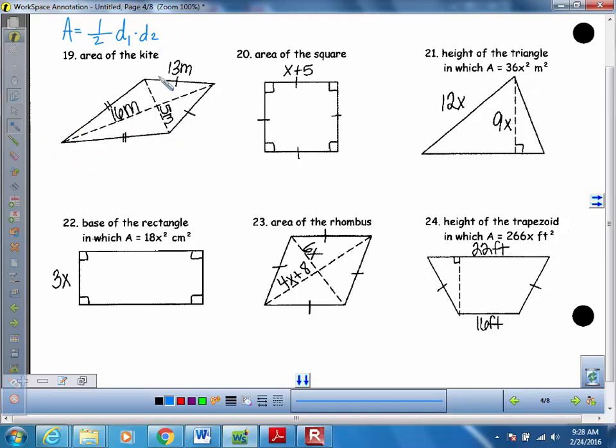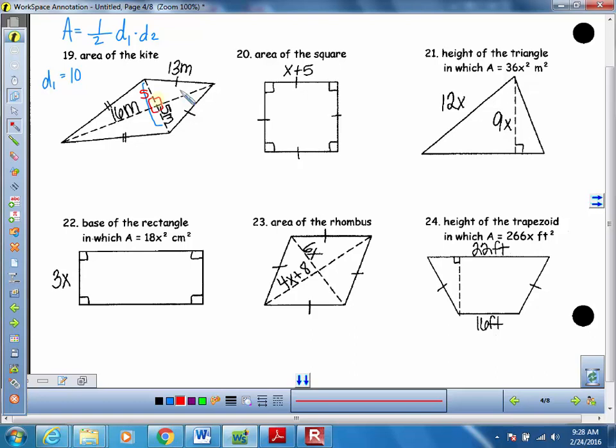So here, I want my whole diagonal. So if I look here, I know from the last unit that this diagonal is bisected. So this whole thing would be 10. Then I have to find this whole piece right here. I know this piece is 16, but I don't know this piece. If you remember from the last section, I know that the diagonals form 90-degree angles. And so because of that, this makes this a right triangle, and I can use the Pythagorean theorem to find this piece right here.